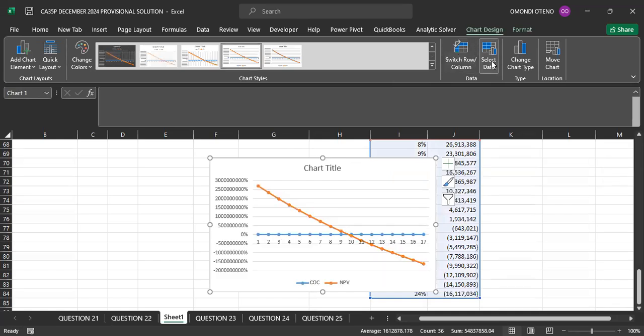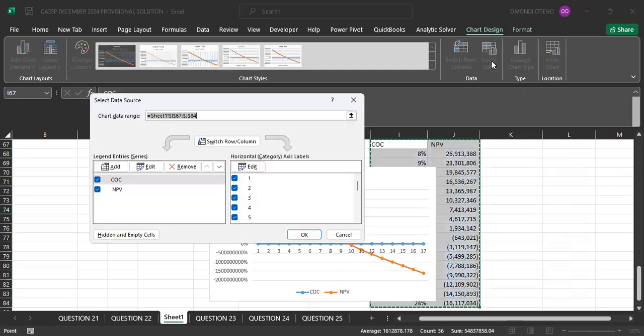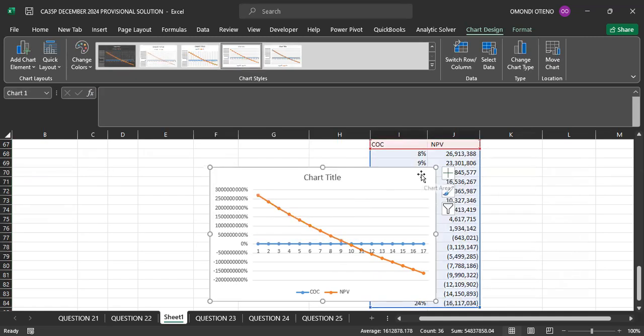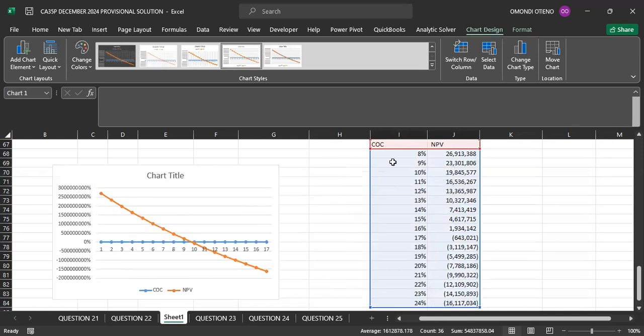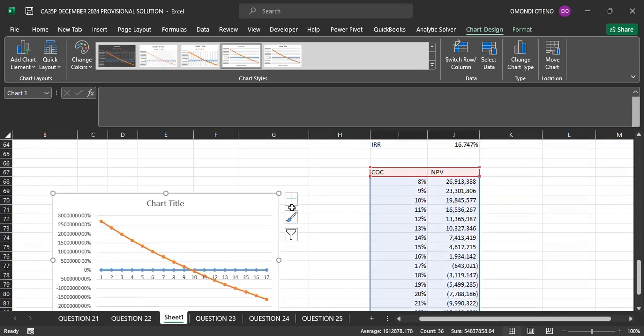So what do we need to do? We come here and select data. Our cost of capital is what we are going to take to this other side. Another way of doing that, to avoid having issues of interchanging these, is very simple: come here and switch this data.